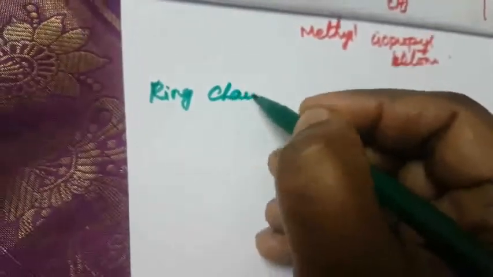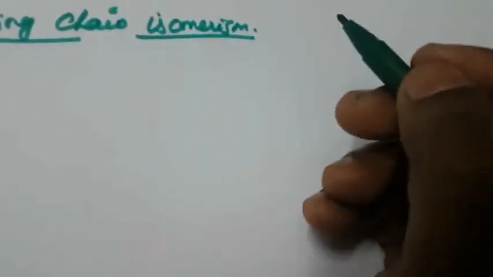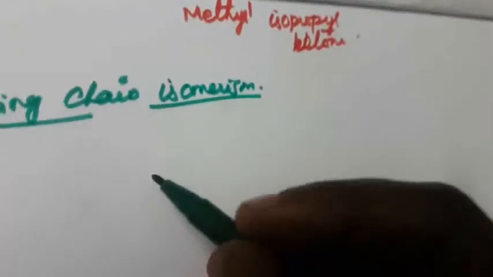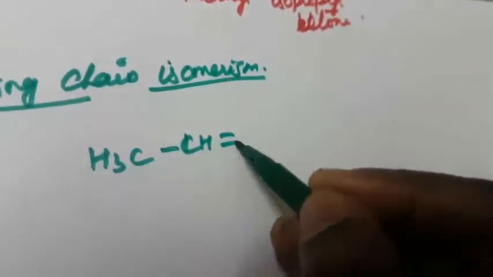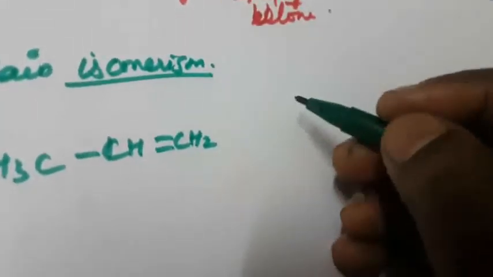Next one: what is meant by ring chain isomerism? The compounds having the same molecular formula but differing in the bonding of the carbon atoms, that is, the cyclic structure. For example, CH3 CH double bond CH2 is propene. This is called cyclopropane.